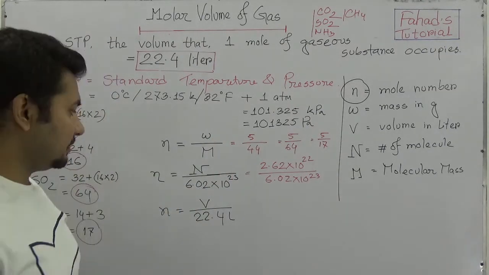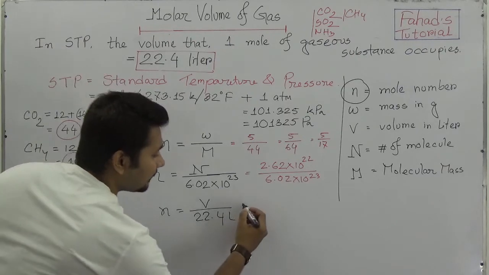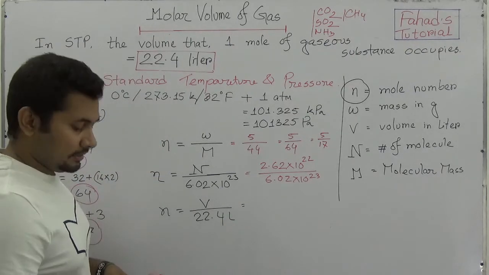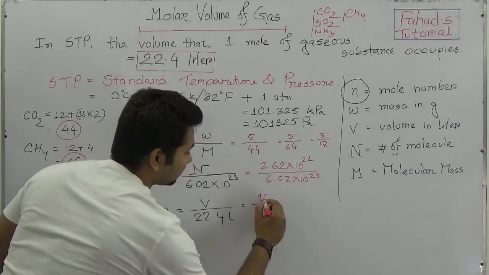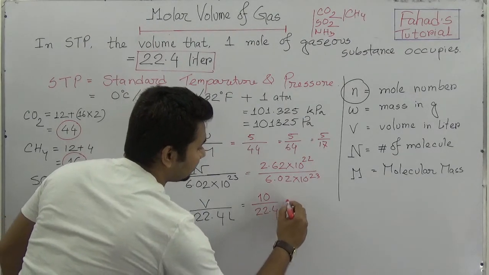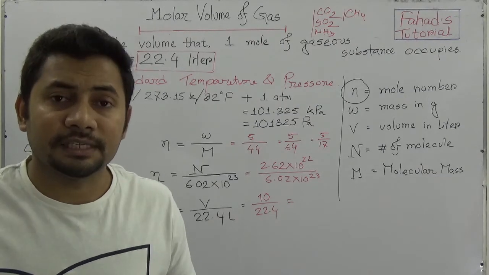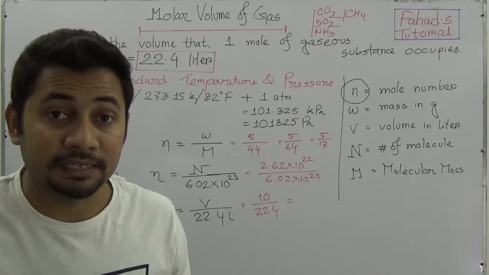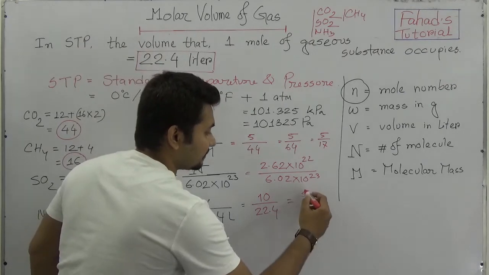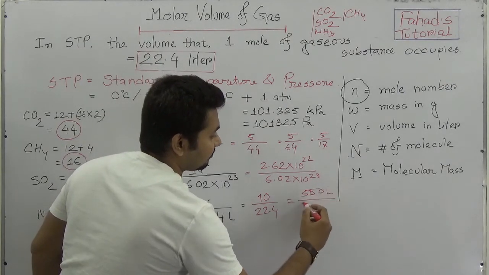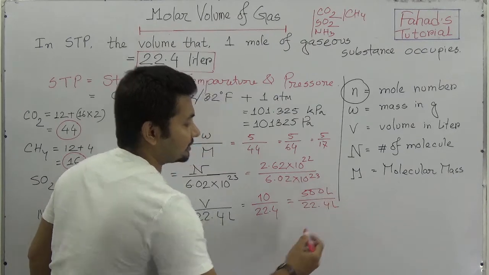Then 10 liter ammonia would be 10 upon 22.4. If the question is what is the mole of 500 liter carbon dioxide, then this is 500 liter upon 22.4 liter.